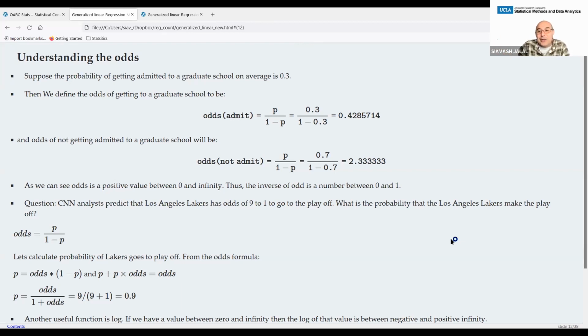But this is how you calculate the probability from odds. So we are going to solve that equation for P. So we are going backwards. So P is equal to this times this, and P times 1, you get this, and P plus P times odds is odds.